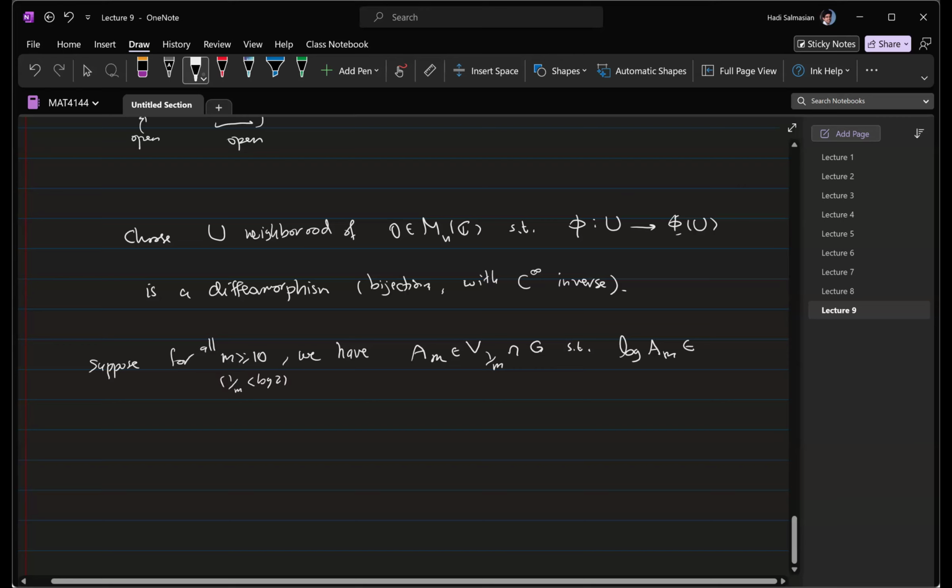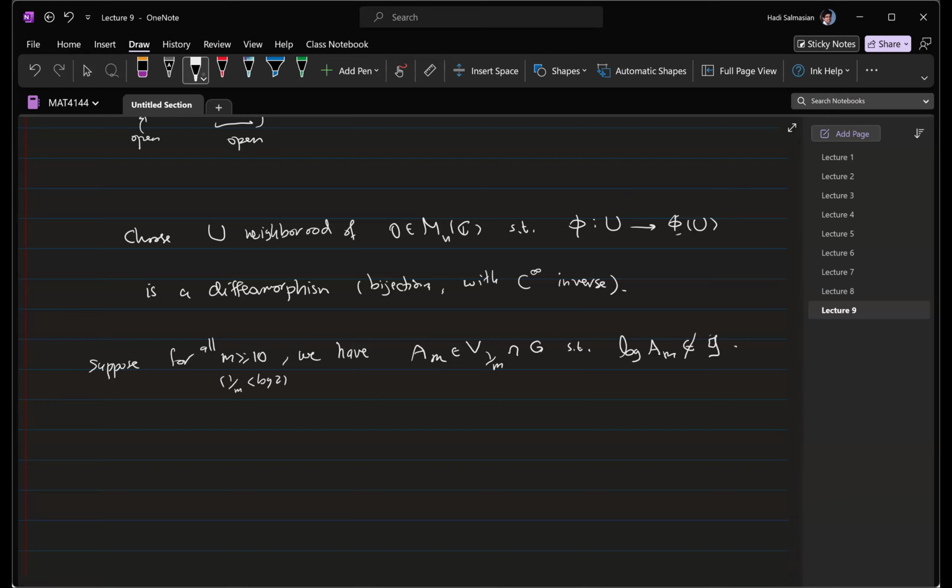I think 3 would be enough, but anyway. So I want this not to lie in G. It certainly is in U_{1/m} by definition, but now let's assume it's not in G. This will be contradicting 1. Proof by contradiction. Now I want to reach a contradiction from this.